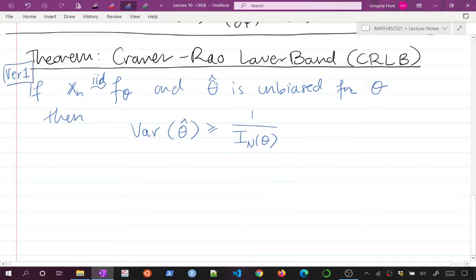Really simple. So this lower bound is called the Cramer-Rao lower bound. So that 1 over the information number is called the Cramer-Rao lower bound. It is a lower bound for the variance of any unbiased estimator for theta. So if you have any unbiased estimator for theta, it cannot have a variance lower than that. It is the best possible we can achieve.